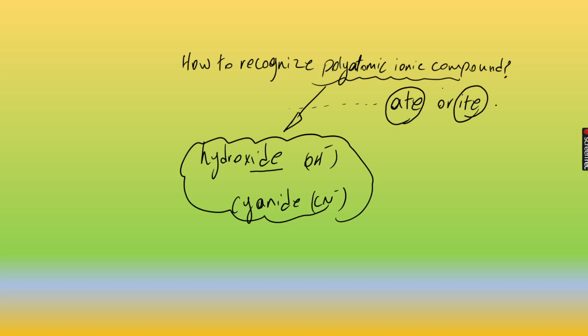Okay, let's go to the next page. And we want to know about the polyatomic ions. What are the common polyatomic ions? Okay, let me change the color.